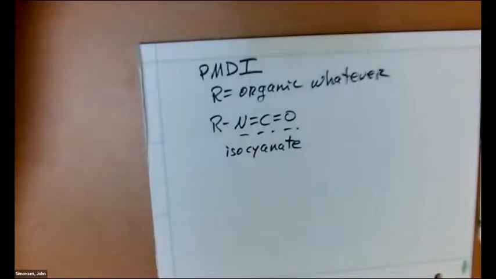Isocyanate is highly reactive, and it can cause cancer, especially if you breathe it. So you've got to be careful about that. Today, most of the PMDI glues or isocyanate glues, when you get them from the manufacturer, have already been polymerized to some extent. That's true for UF and PF also. They adjust the viscosity to give you proper flow and penetration for the specific wood that you're using.